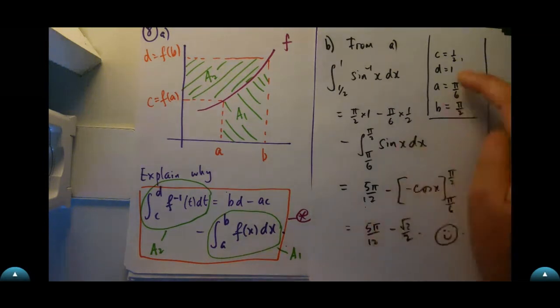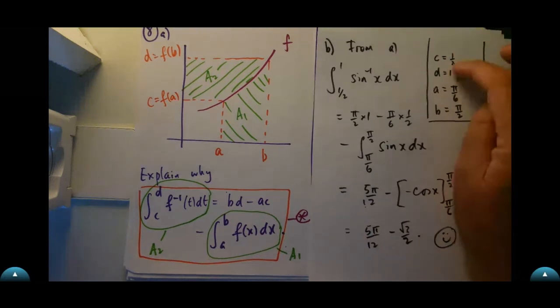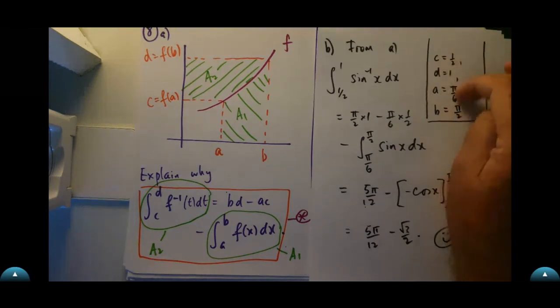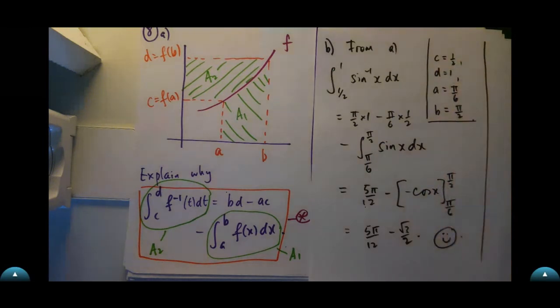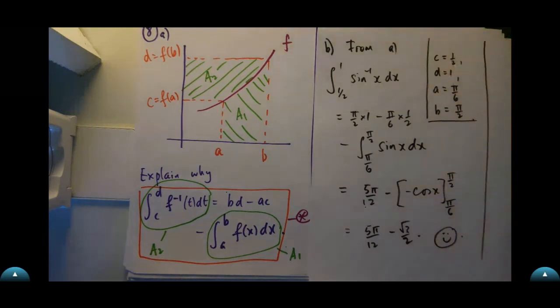All I've done to get those two is taken the sine inverse of 1/2 and of 1. I've gone from this and applied the sines to get there. So sine inverse of that is that. Sine inverse of that is that.